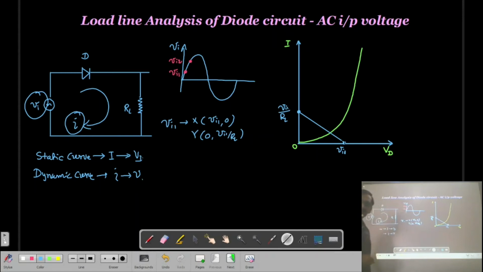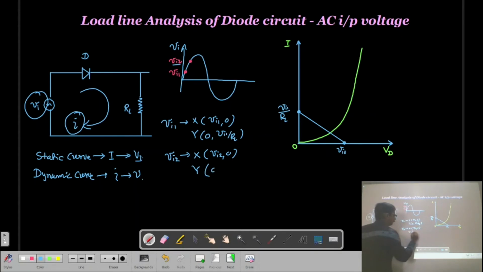Now again we take another value. Let us say my other value is Vi2, and for this Vi2, the x coordinate will be Vi2 and 0, and the y coordinate will be 0 and Vi2 by Rn.